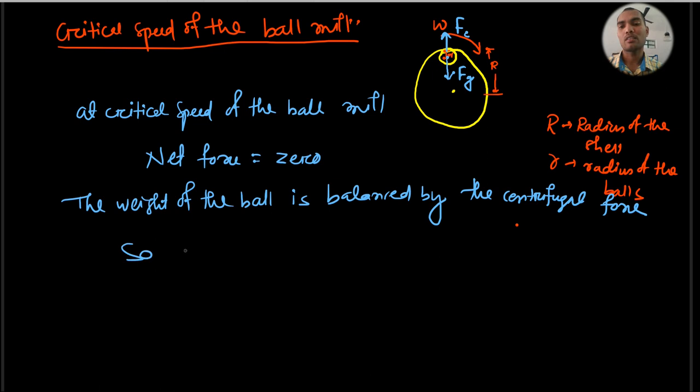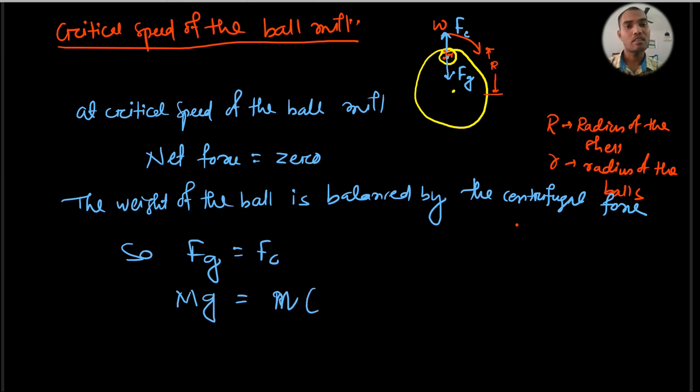So we can write Fg equal to Fc, which is nothing but the force due to gravitation or weight being counterbalanced by the centrifugal force. Now as we know, the gravitational force Fg is mass into acceleration due to gravity, mg, which is equal to the centrifugal force, that will be mass into radius into omega square.